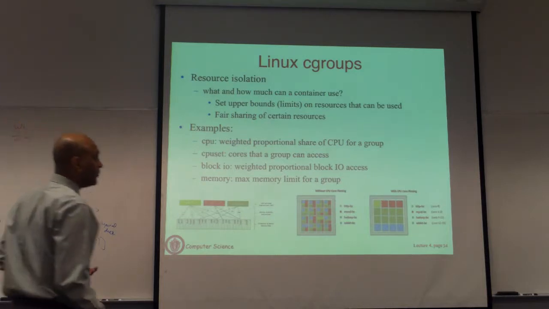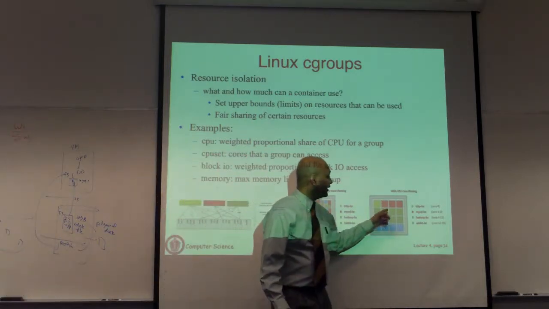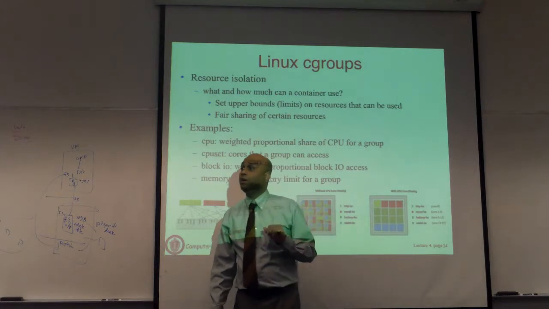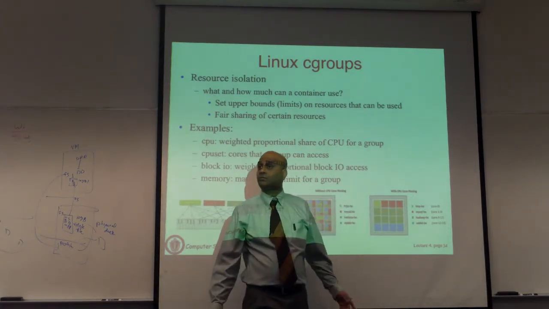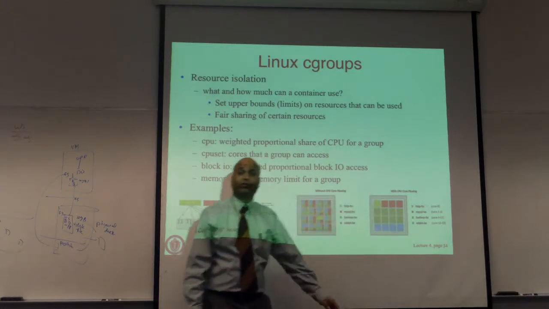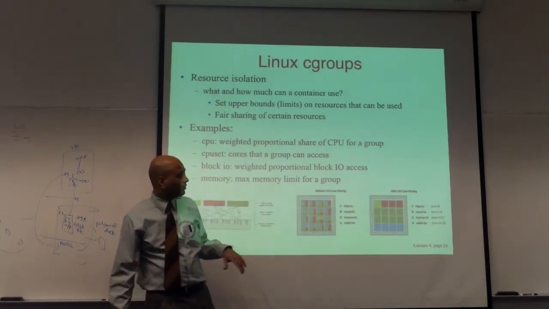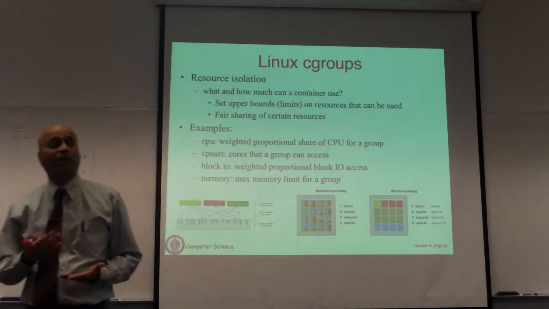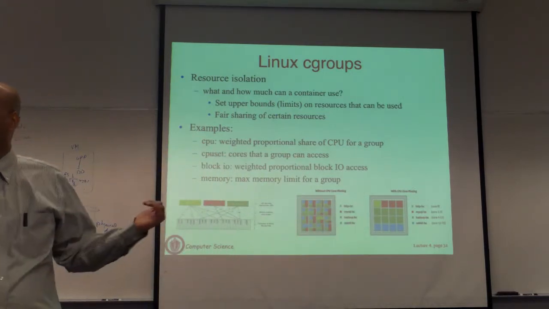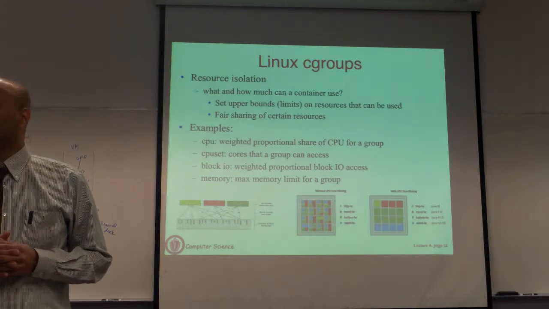Here is an example where you dedicated certain cores to certain containers. So you said, of my 16 cores, 3 cores go to the red container. So now that container is only running on those cores, it will never run on the other cores. You will say these 4 cores go to the blue container. So you are essentially pinning containers to cores, and then the container will only run on those cores.